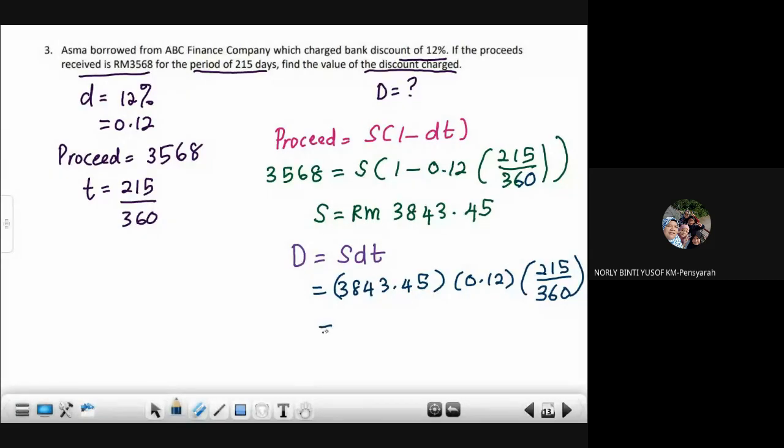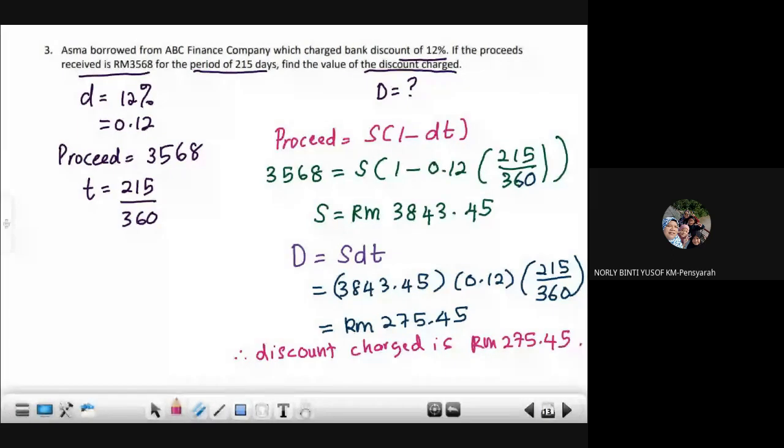Okay, dan kira dapat RM275.45. Then you can conclude discount charge is RM275.45. Okay, so that is for example 3.